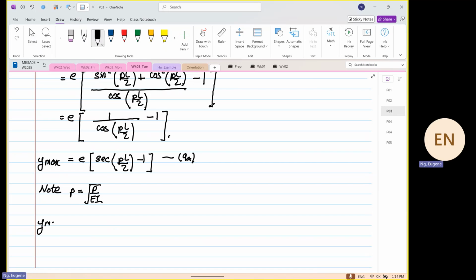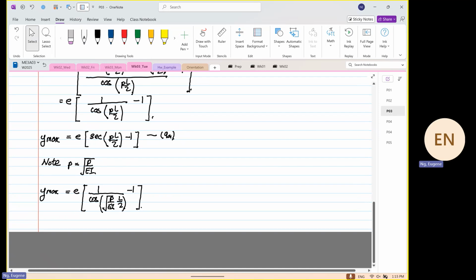So we have Y max is equal to E. I'm going to put back the cosine, okay? So we have 1 over cos, right? So I'm going to put back square root P over EI. Okay. And then we still have the L/2 term. And then that we have a minus 1. So I think I put this in correctly. Okay.